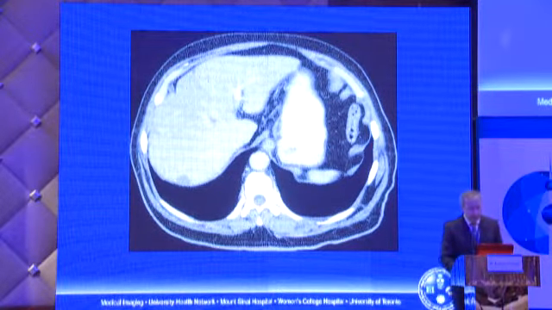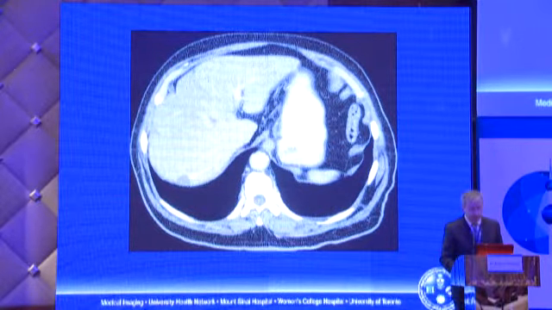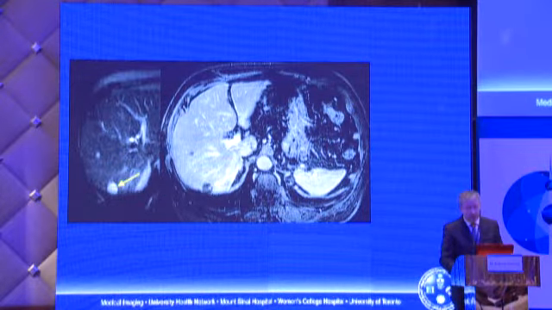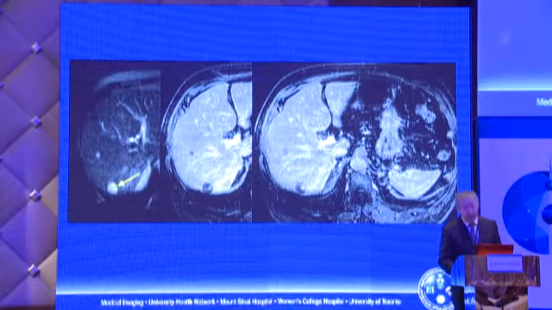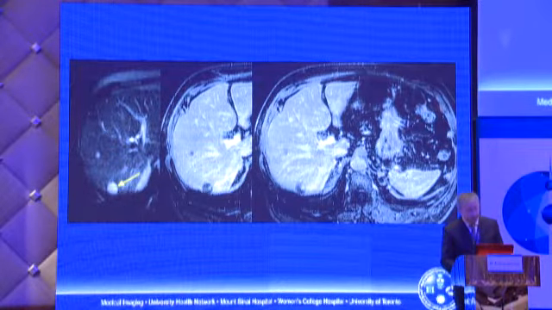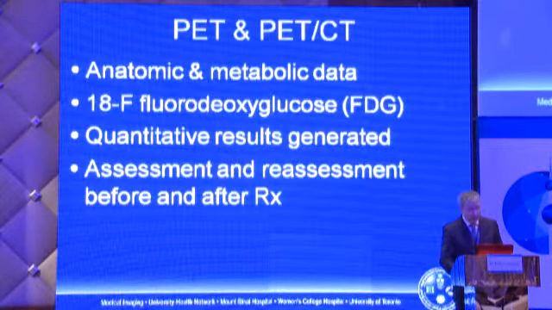So here's an example on CT. It looks just like the other colon metastases that I showed you, but when you do the MR, it has typical imaging features of a hemangioma with that peripheral nodular enhancement filling in over time and quite bright on the T2 sequence.